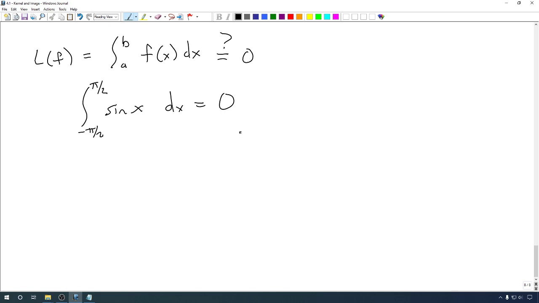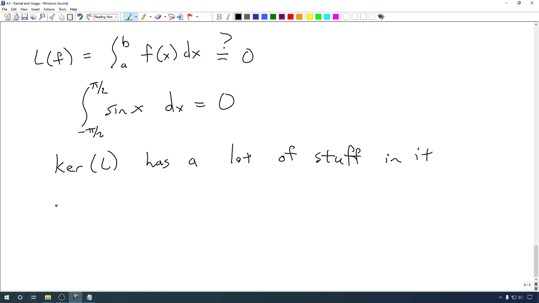So there's actually a lot of functions that map to 0 under this linear map. So the kernel of L has a lot of stuff in it. In fact, that's the trickier question in this case.